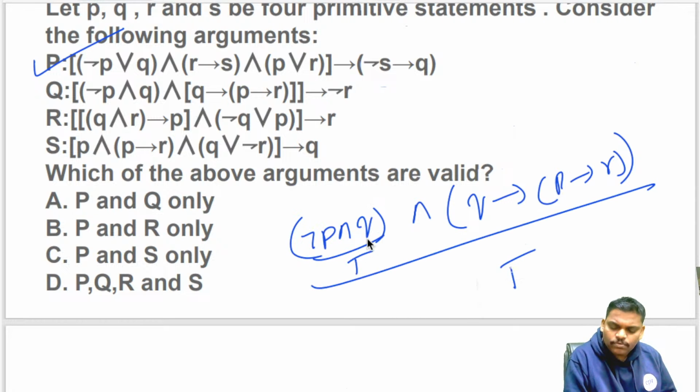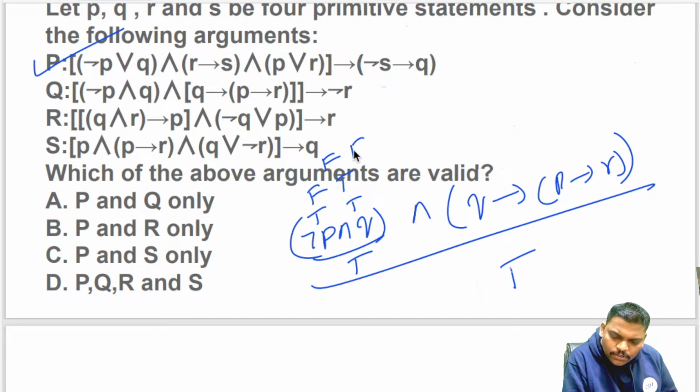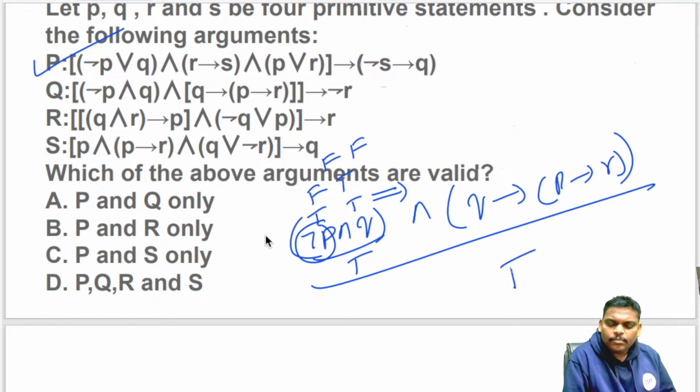Let me write now. True, true. False, true. False, false. So first combination you try. Negation P true means P false.